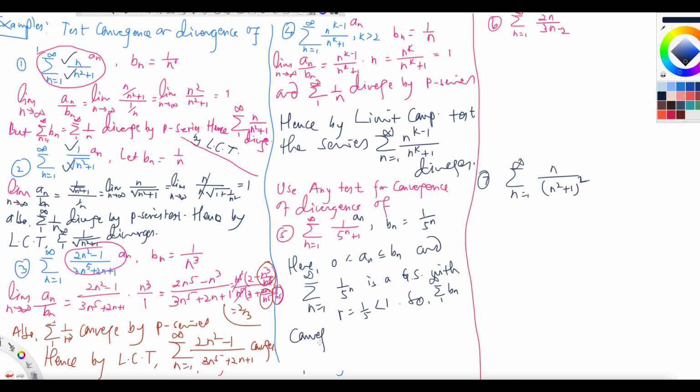You see that bn has bigger terms than an, and the bigger series converges. Hence by the comparison test, the summation of n equals 1 through infinity of 1 over 5 to the n plus 1 converges.